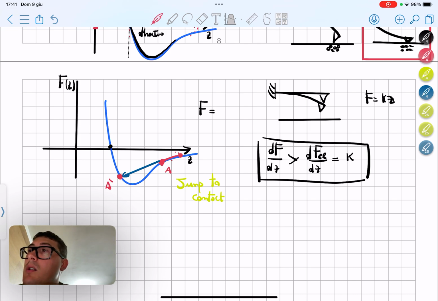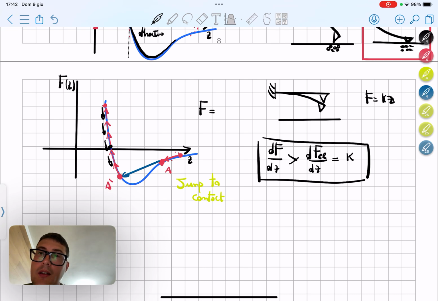Now if we go farther, the force keeps increasing until it has become repulsive. Let's say that we stop here and we start to go back.